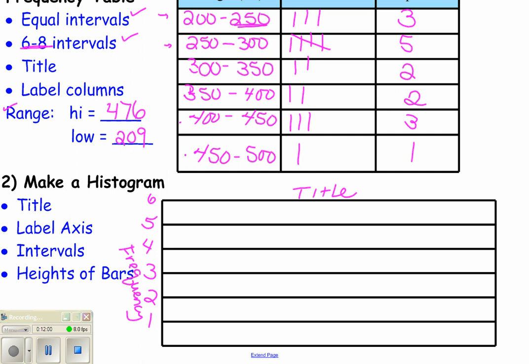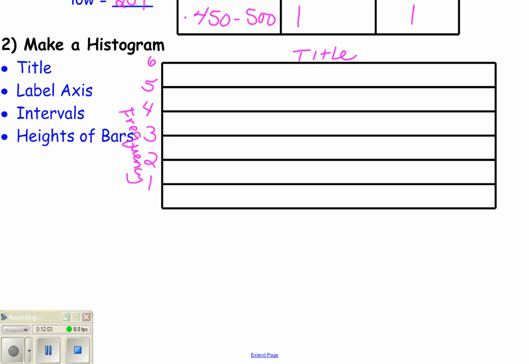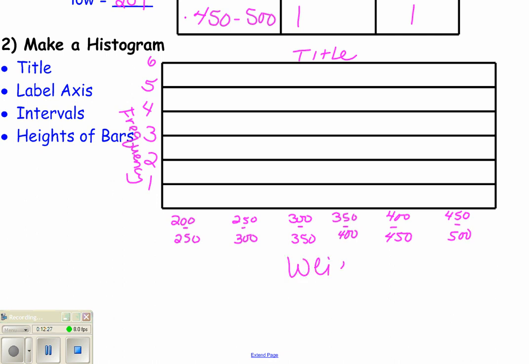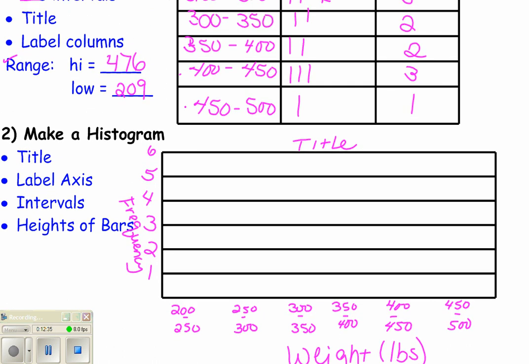And then I need to put my categories down here, 200 to 250, 250 to 300, 300 to 350, and so on. Label those out. This would be weight, and it's in pounds. Get your labels right.